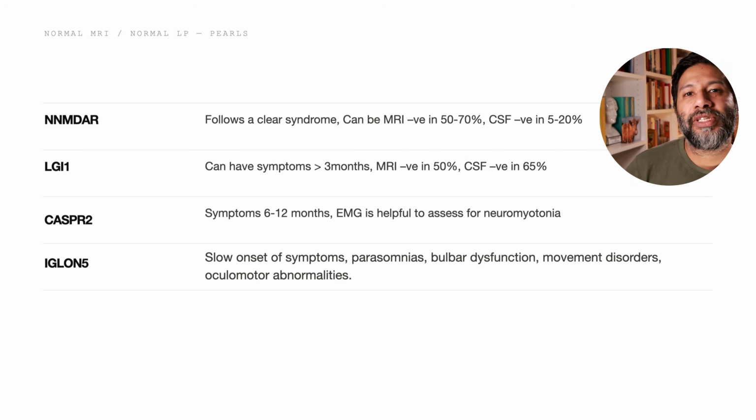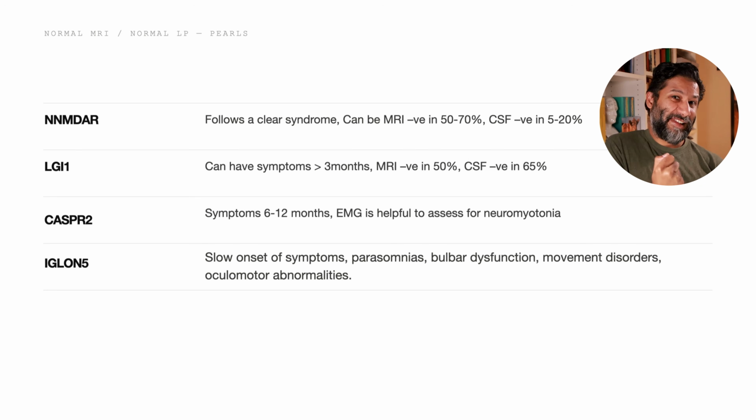Classically, LGI1 presents with faciobrachial dystonic seizures, where they get that little spasm for a few seconds and then it releases. It's a dystonic posturing, and they can have seizures as well. So if someone's presenting purely with cognitive decline, it becomes a bit harder to diagnose, but cognitive decline plus the faciobrachial dystonic seizures and more seizures, it can be a little bit easier to say this could be LGI1.